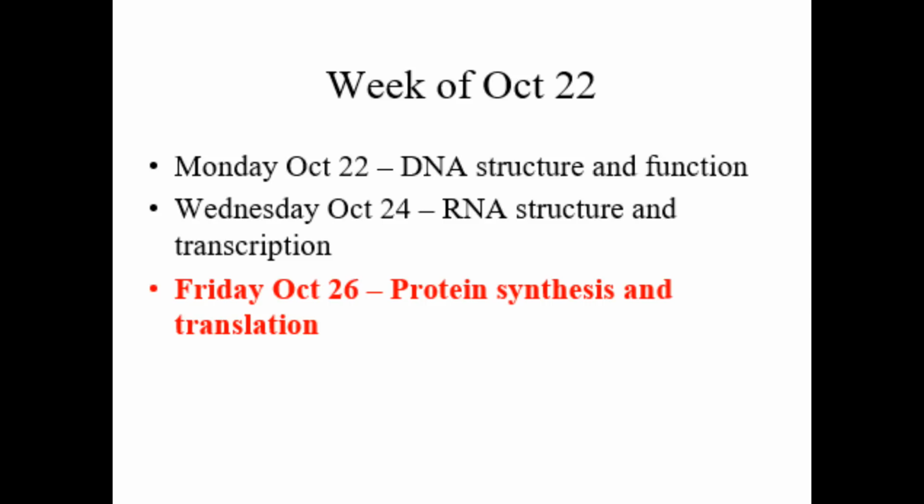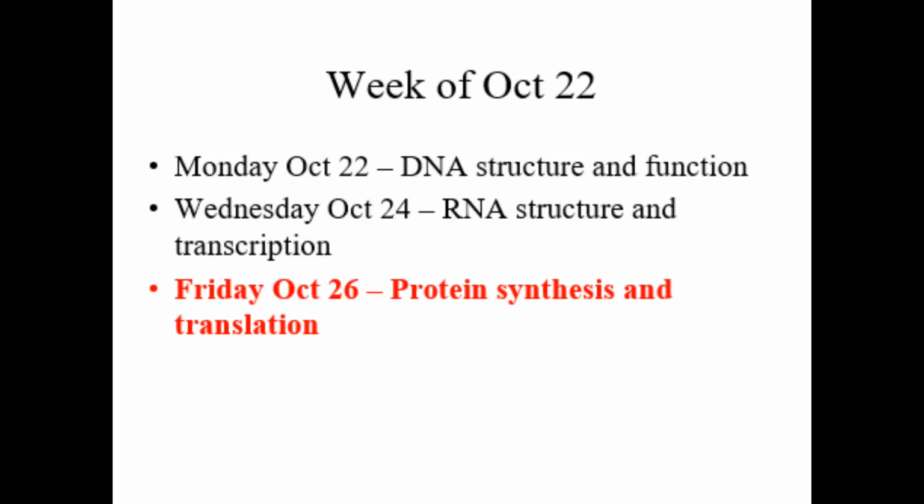We're going to finish talking about the process by which cells make proteins based on information stored in DNA, or in other words, gene expression. Taking a gene that's in DNA and expressing that gene means it's used to do whatever the function of that gene is, which for a lot of genes is to make proteins.